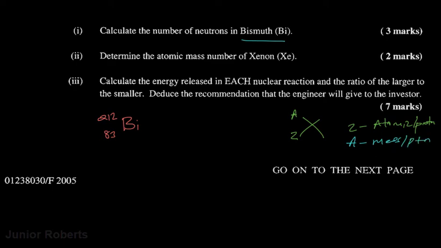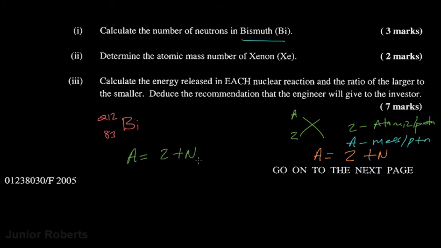We can apply the expression A is equal to Z plus N, in which A is our mass number, Z is our atomic number or number of protons, and N is the number of neutrons.